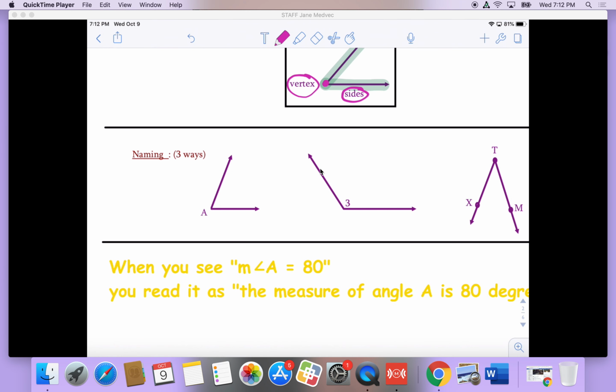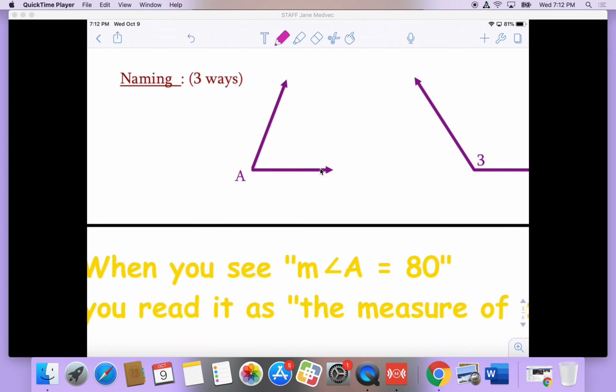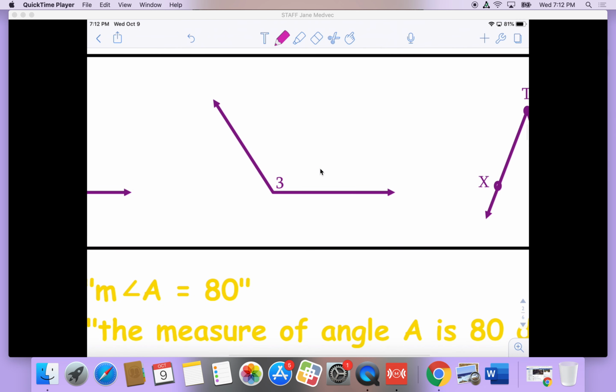Now, let's take a look at naming angles. One way of naming an angle is if I'm given a letter, I can say angle A. Notice that the little symbol of an angle doesn't have little arrows on it, and the letter that I put is a capital letter. The second example would be if there's a number inside, and we can do a little angle symbol and then the number 3.